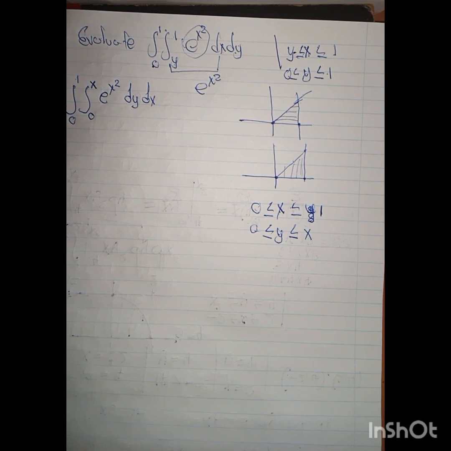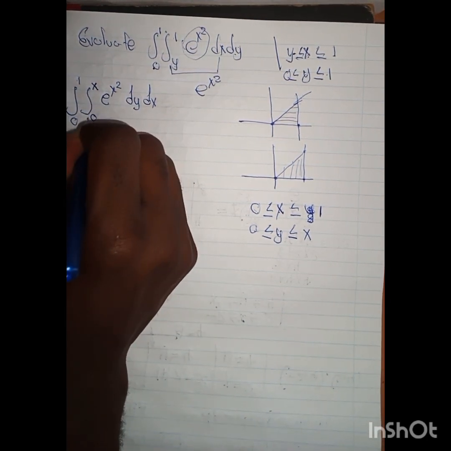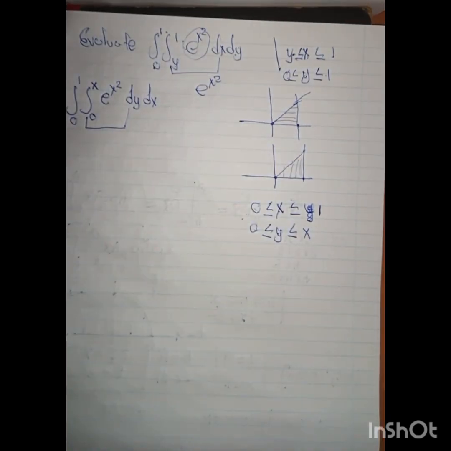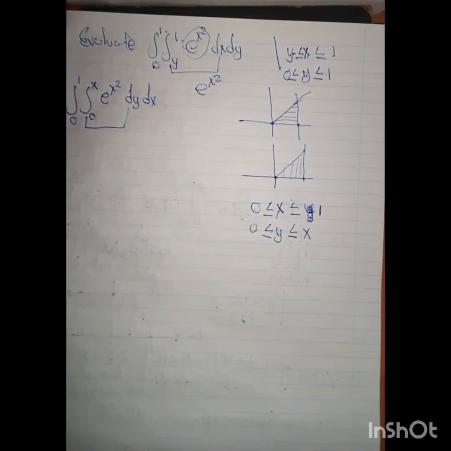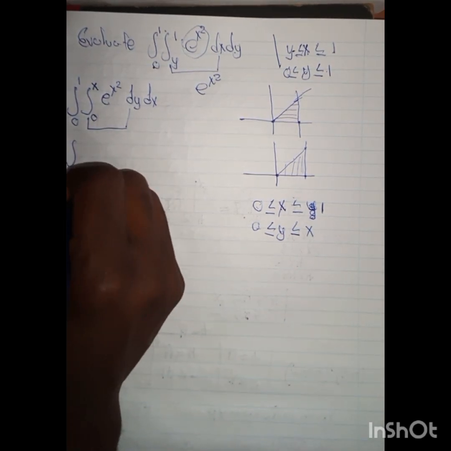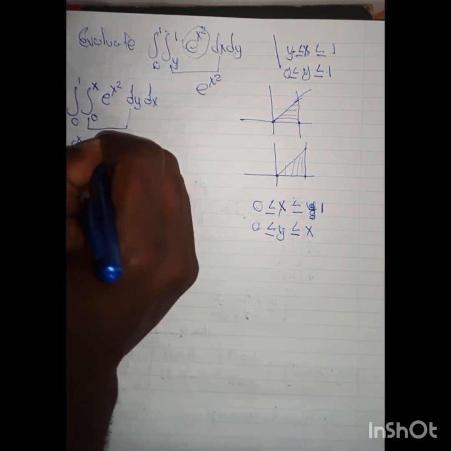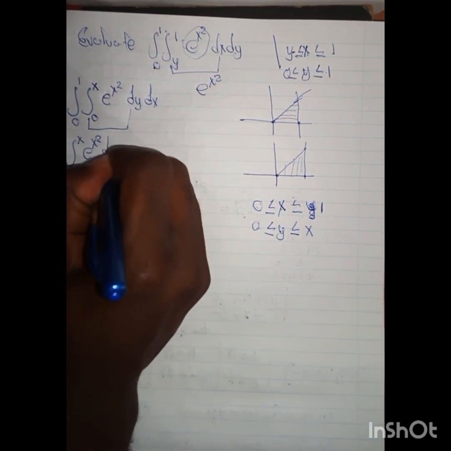So from now on, all we have to do is to start integrating the double integral from the inside to the outside. So let us integrate this part from 0 to x, e to the x squared dy.